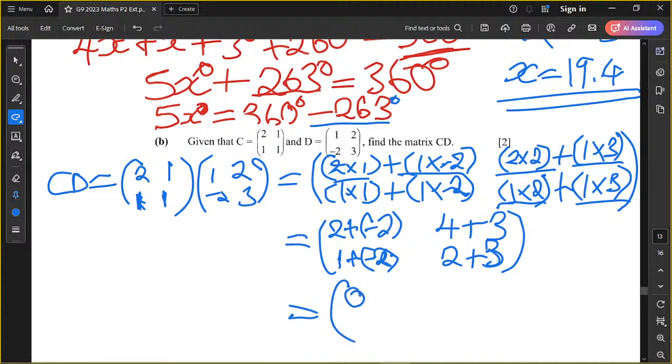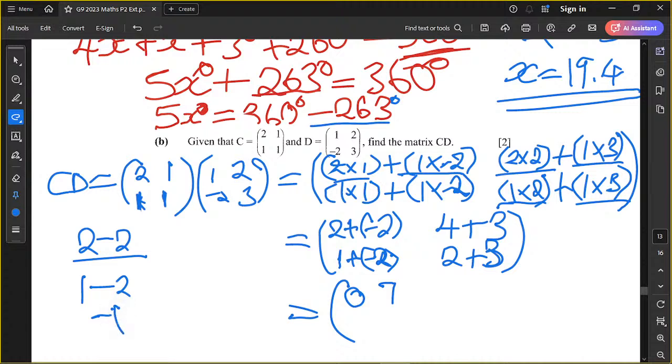give us 0. It's more or less like positive times negative will give us negative. So it's more or less like we have 2 minus 2, which will give us 0. Then we come here, we say 4 plus 3 will give us 7. Then 1 plus negative 2, so same there we have 1. Then positive times negative will give us minus 2, and the answer will be negative 1.